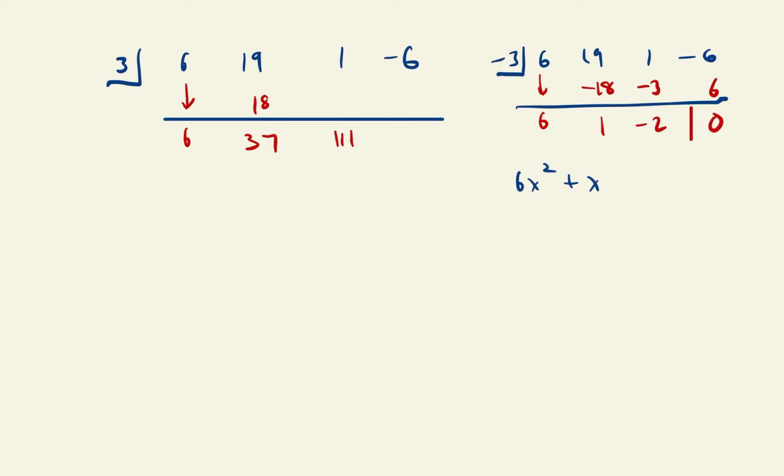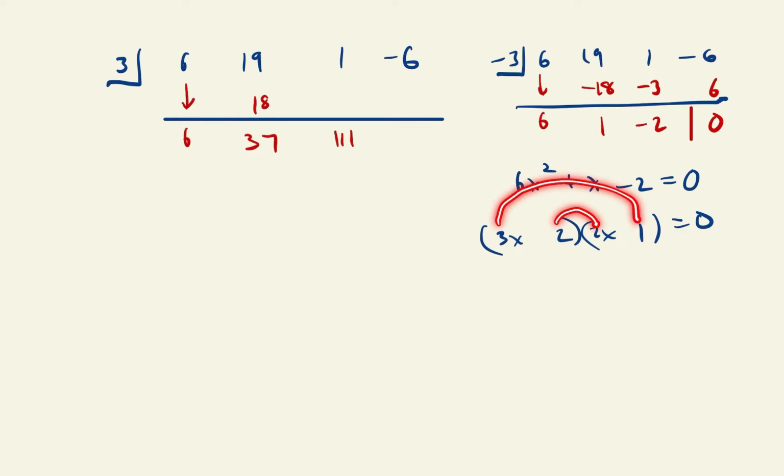And like we said, this is our trinomial that's left over, 6x squared plus x minus 2. And if we can factor this, that would give us the other 2 zeros. I'm going to try 3x times 2x, and I'm going to try 2 and 1. To get the middle coefficient to be 1, you would have to do 4, take away 3.